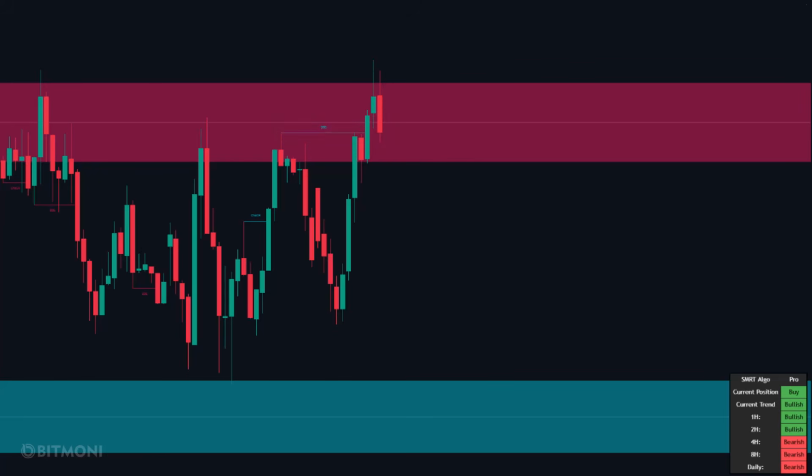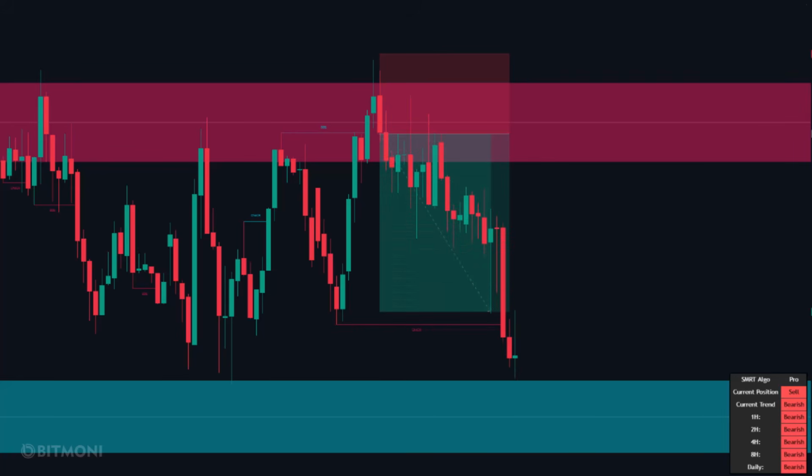So, having all these confirmations, we then take a sell position at the close of the confirmation candle, place our stop loss slightly above the high, and target a 1 to 2 risk-to-reward ratio. Then letting the trade run, you can see how price respected our analysis and pushed down to our target.